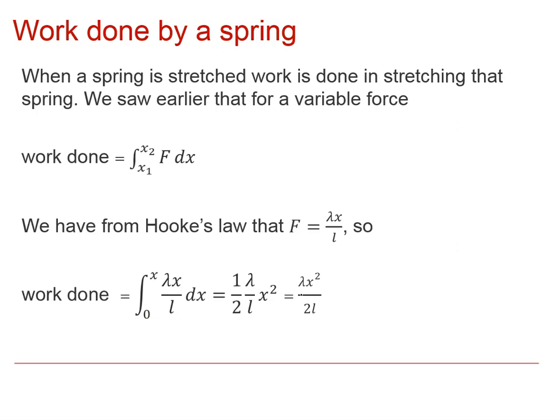If we do that integration, we find that the work done is lambda x squared over 2L, where lambda is the modulus of elasticity, x is the extension in the string, and L is the natural length of the spring or string.